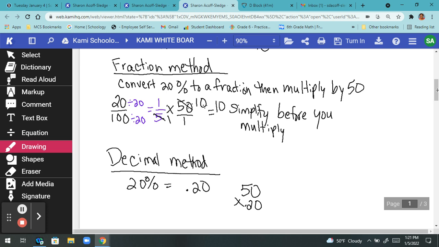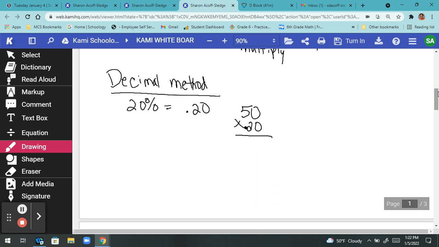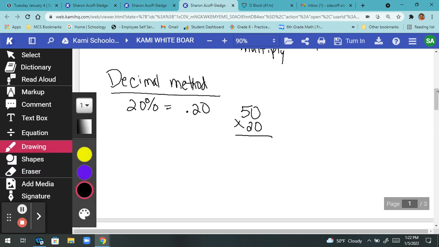I need to line up the decimal? No, you don't. Not with multiplication. With multiplication, you don't have to line up the decimal. And actually, remember when we did the decimals before, we left it off when we multiplied, and then we saved it until the end.